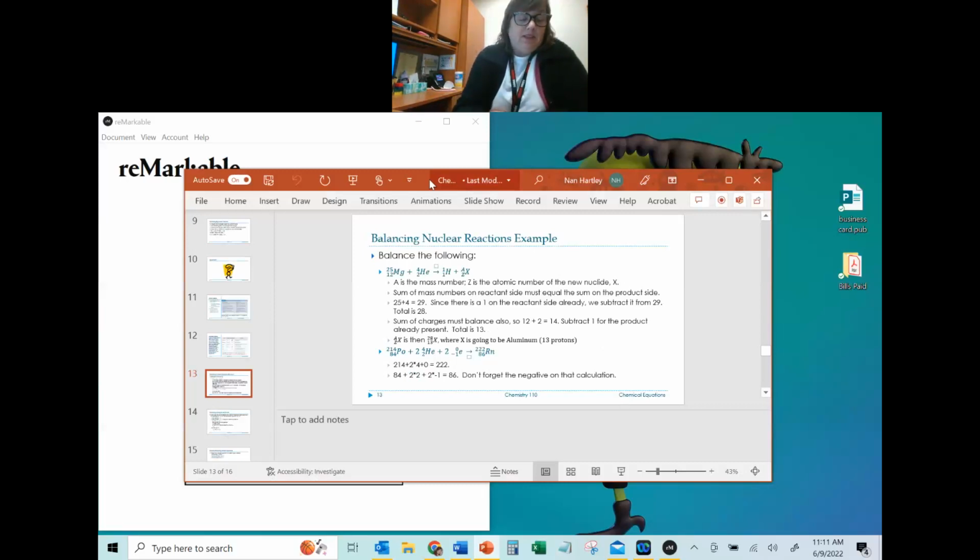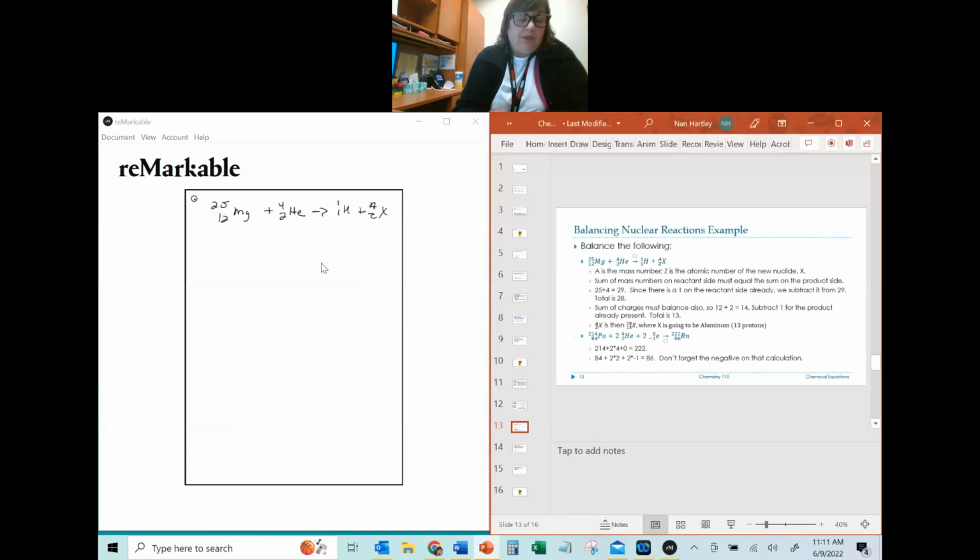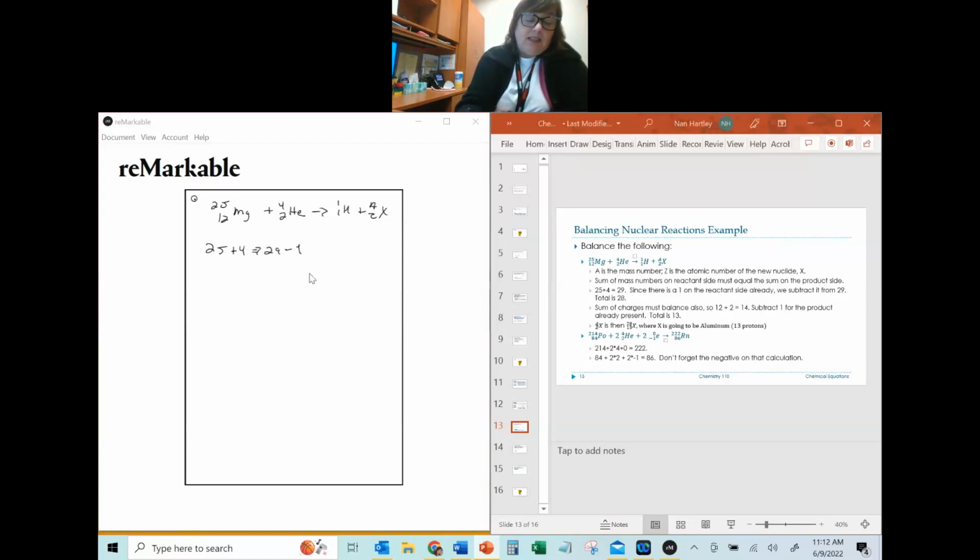Paper's back. So A Z X. And I know that the sum of the top numbers on this side has to be the same as the sum of the top numbers on this side. So if I have 25 plus 4, it gives me 29. I then subtract the 1 that's over here already. That gives me 28.